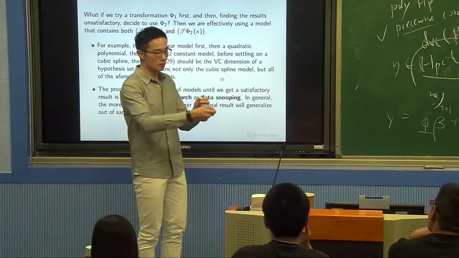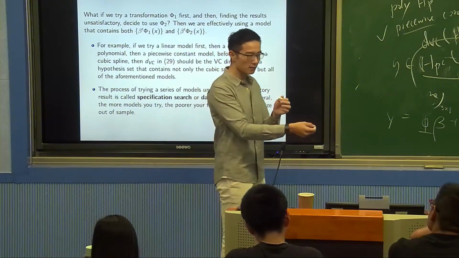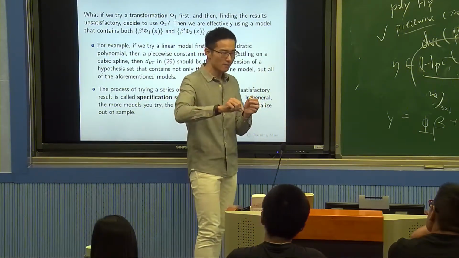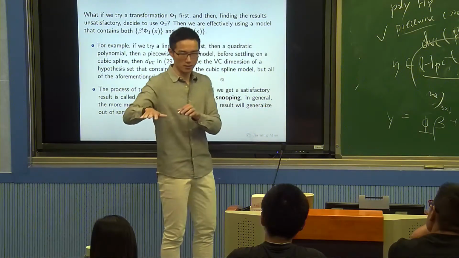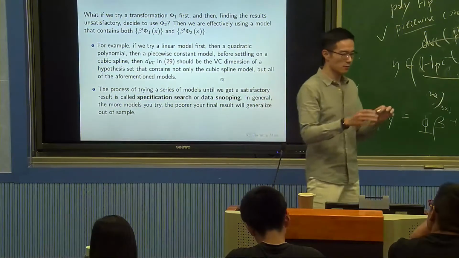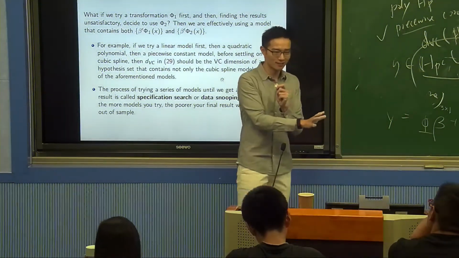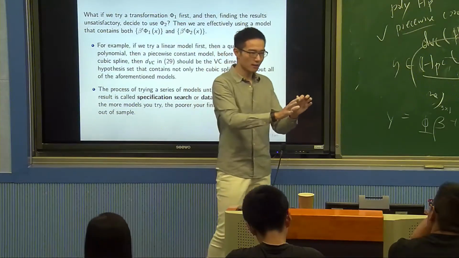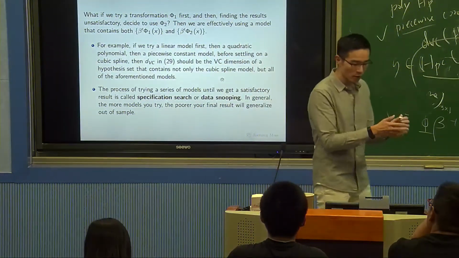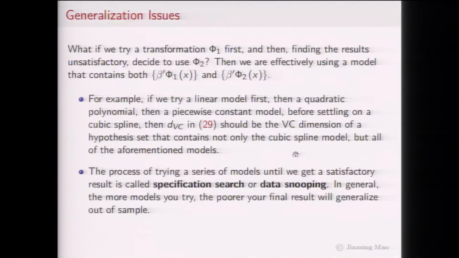So the more hypotheses you try in order to find your best pick, the more you are trying too hard to fit existing data, and the less your final fit is going to generalize well. So in all cases, the best practice is to decide what model you want to use before looking at the data, rather than after looking at data and trying many different things and then finding out what works best. The former will give you better performance in the end.